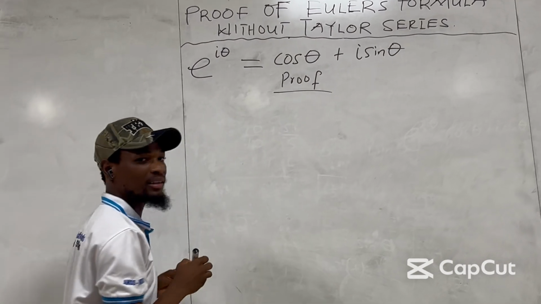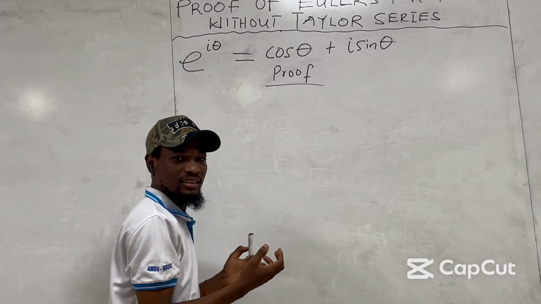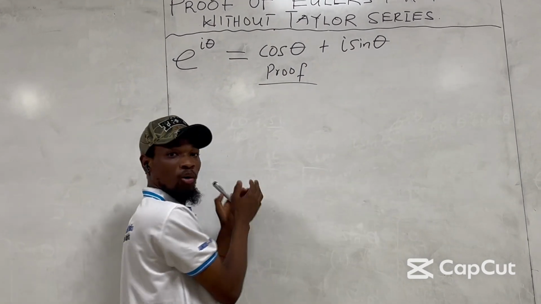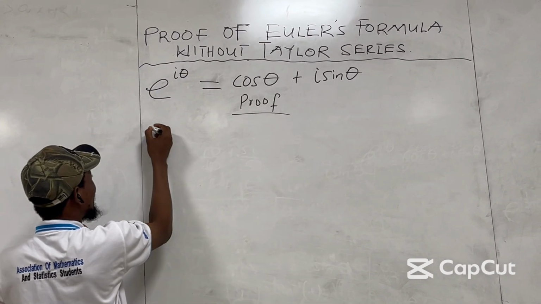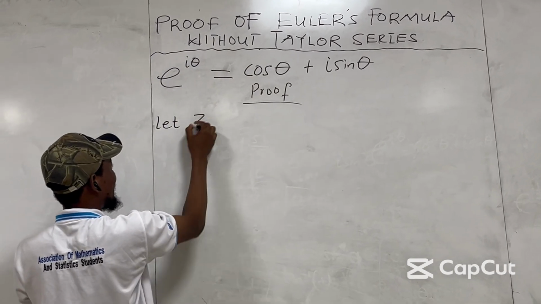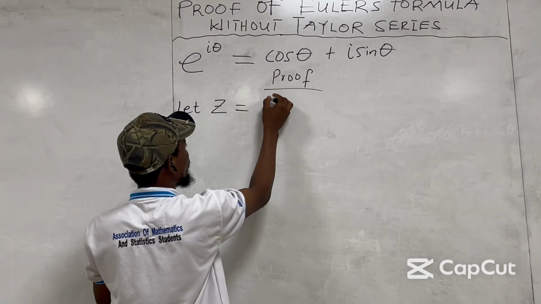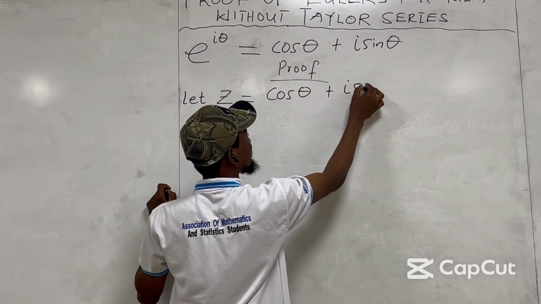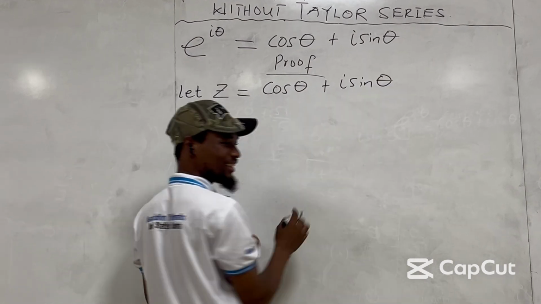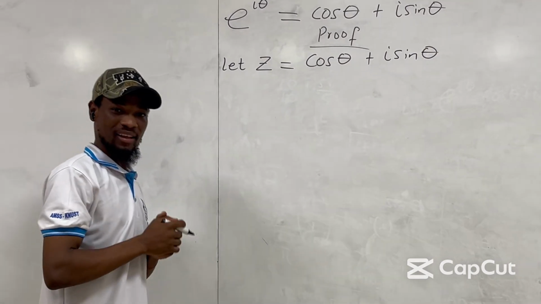Let a complex number z represent this expression. So let z be equal to cos θ plus i sin θ, this way.